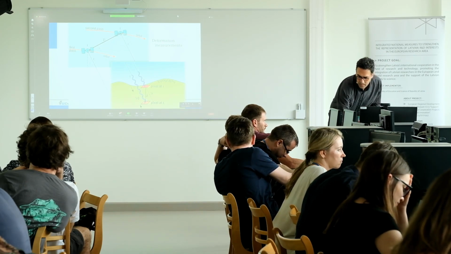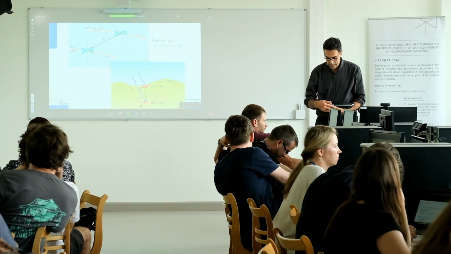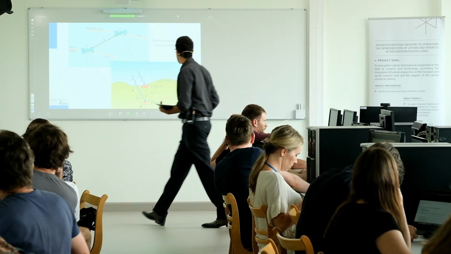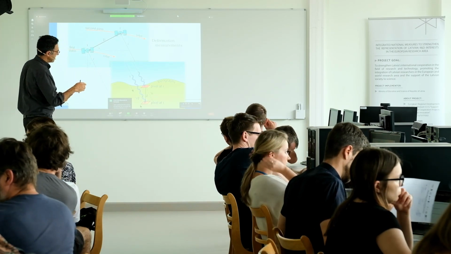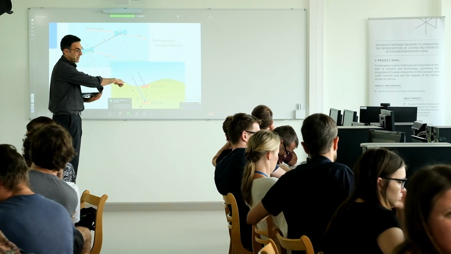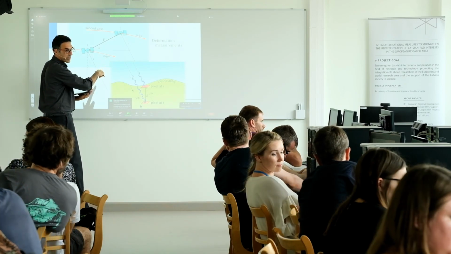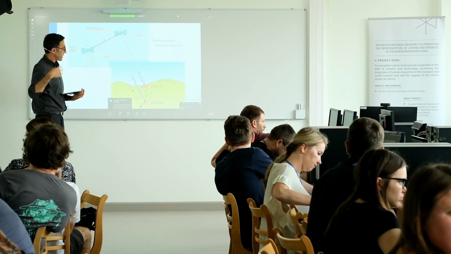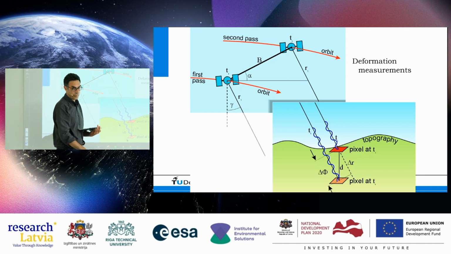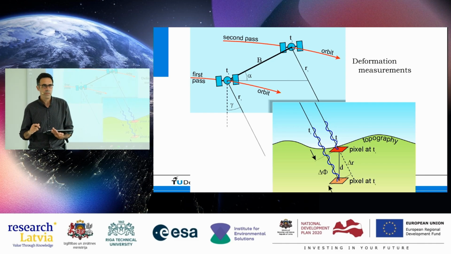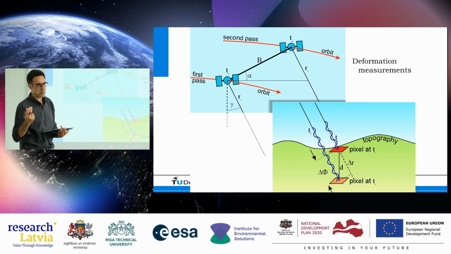But the most interesting thing is in deformations. So that's why I would like to focus on deformation right now. So we have a pixel at time t1 when the satellite acquires an image. Then 6 days, 12 days later, the satellite passes again. It will see the same pixel, but the pixel has moved, right? So how well can we measure that, and how come that we get this very high precision level?